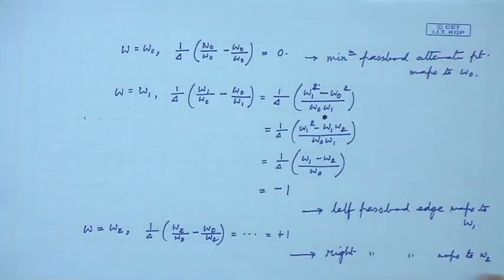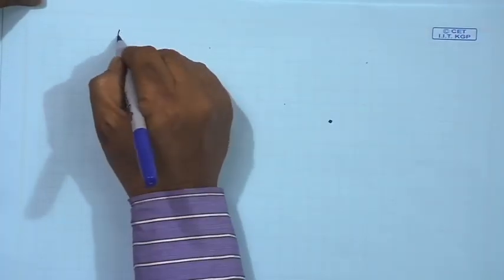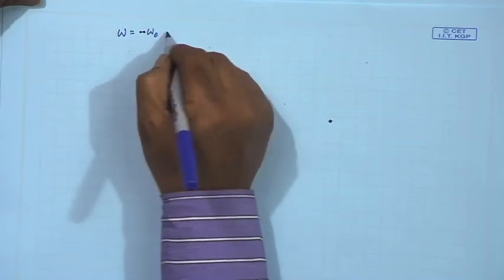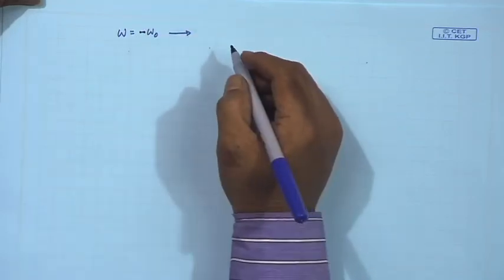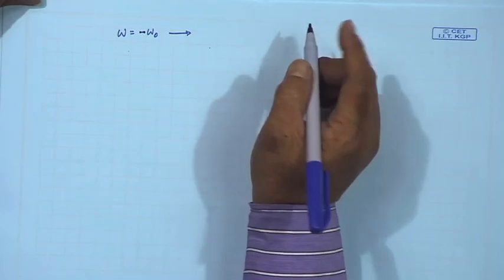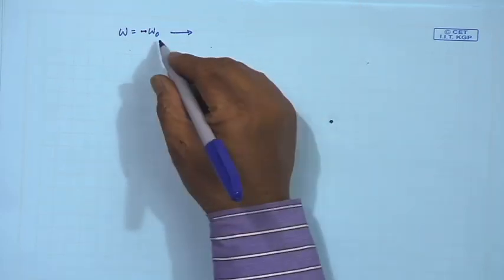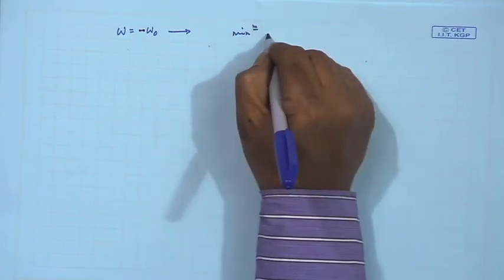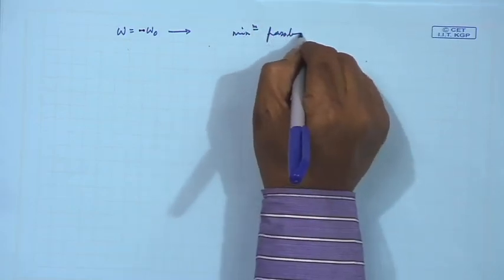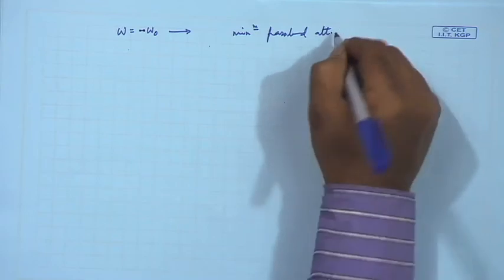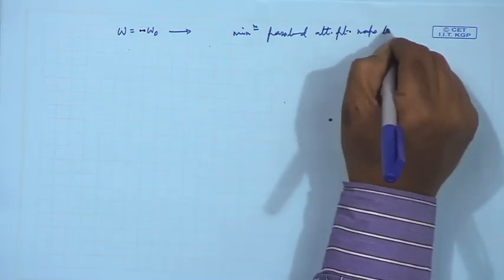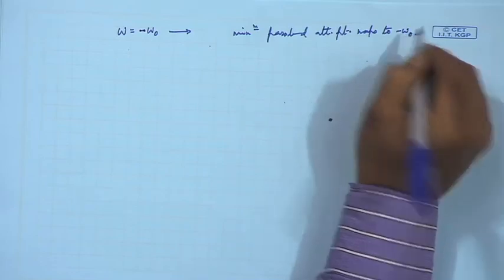Now, you see if we map again omega equal to minus omega naught, you will see that the minimum passband attenuation point maps to minus omega naught.